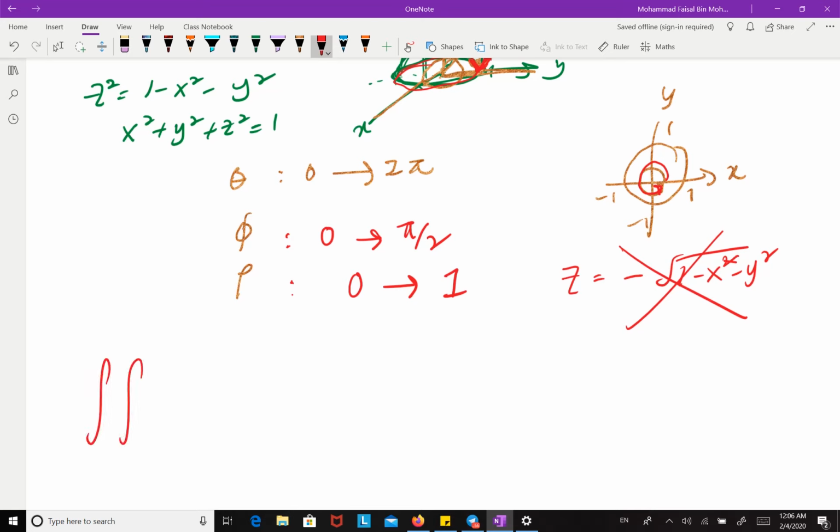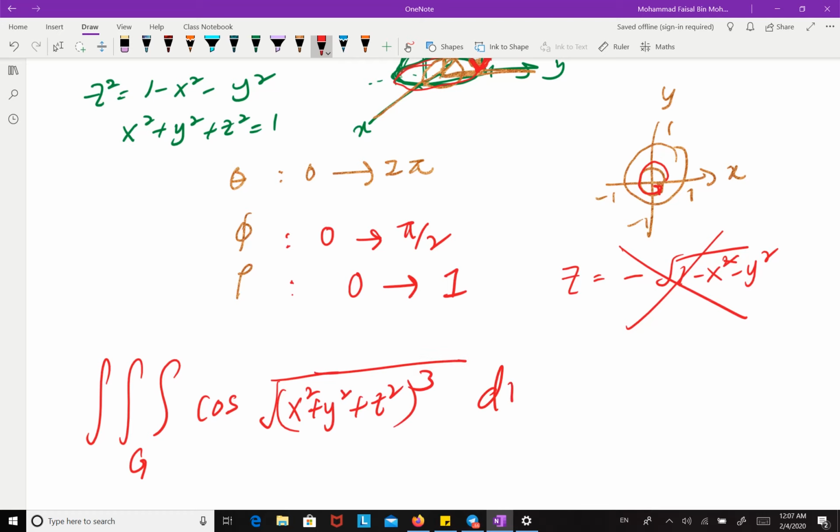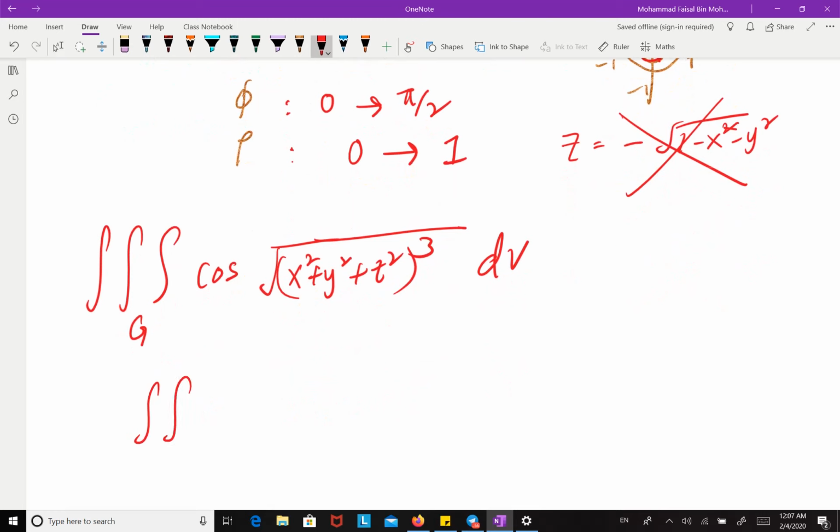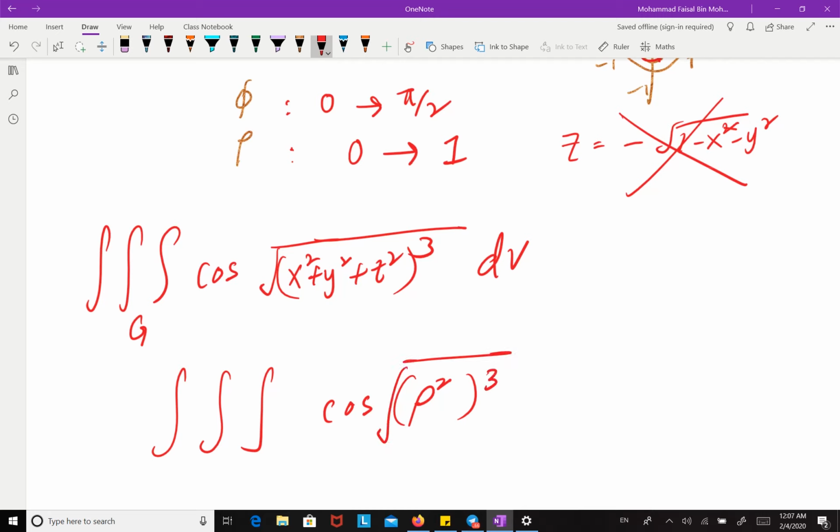So the triple integral over G of cos of the square root of x squared plus y squared plus z squared, which is nothing but rho squared, dV. It will be cos of the square root of rho squared, this is rho squared cubed square root.